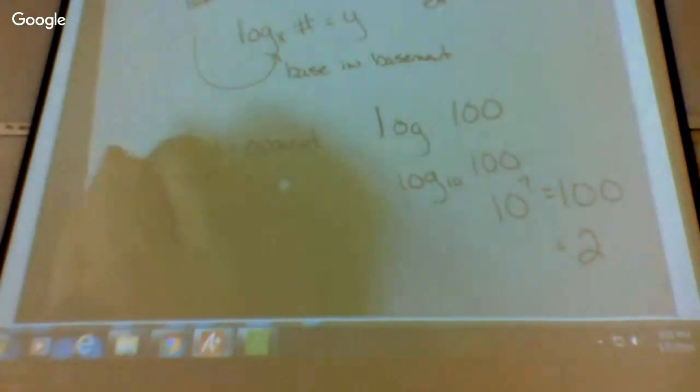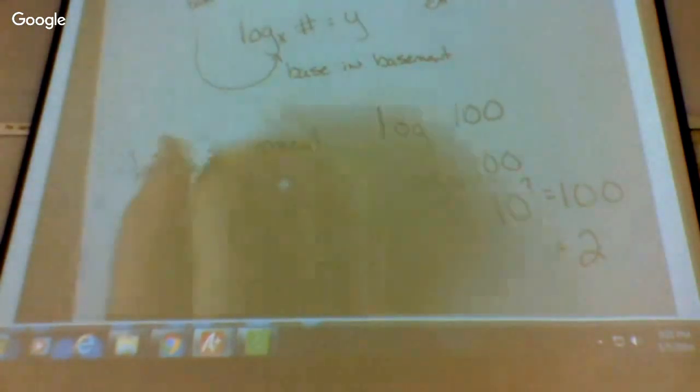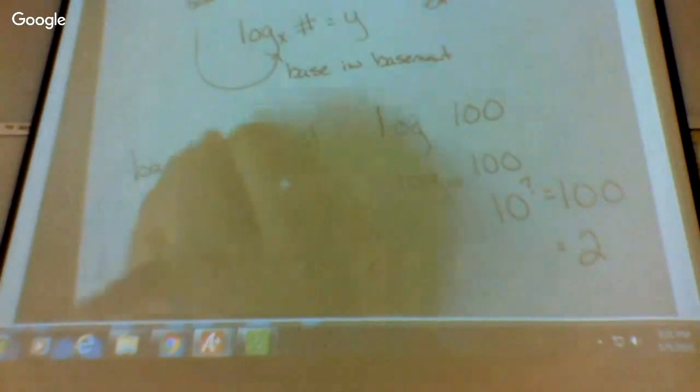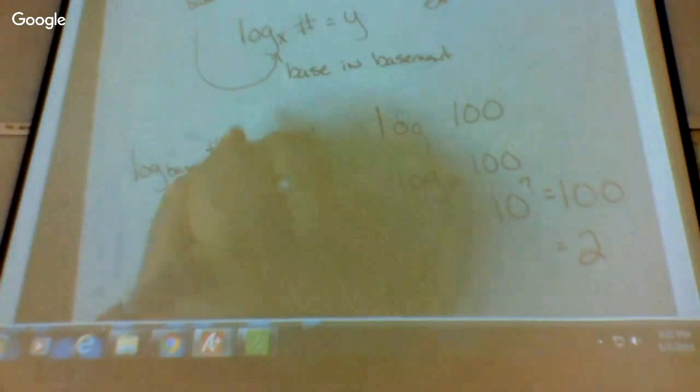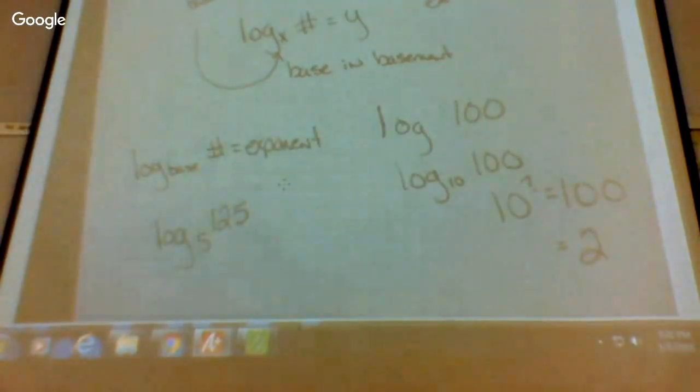Like if I told you to solve for log base 5 of 25, let's do 125. Log base 5 of 125. How could I find that out? Any ideas?